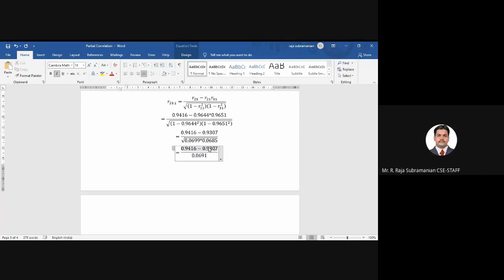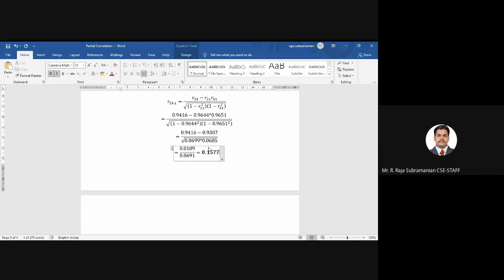Numerator, subtraction, 0.0109. Hope everyone is getting the same answer. The final answer is 0.1577. Very less correlation. Correct.